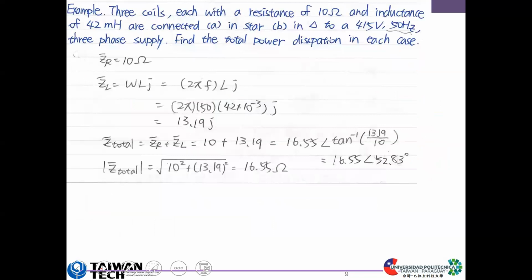Okay, in this example, I prepared another example regarding how to calculate the power.